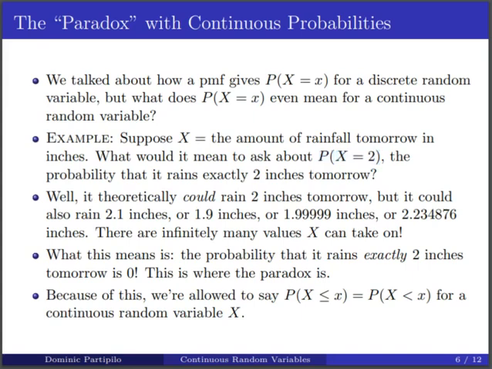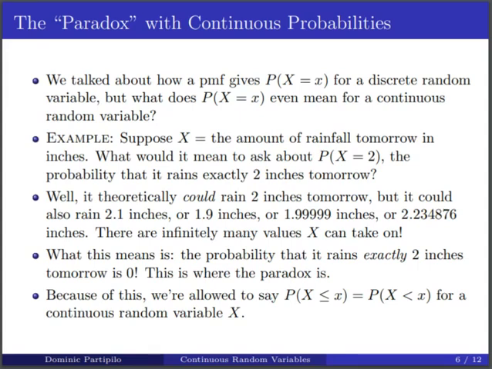Well, in theory, it could rain 2 inches tomorrow, but it could also rain 2.1 inches or 1.9 inches or 1.999 inches or 2.234876 inches. What I'm saying is that there are infinitely many values that x could take on. It's an interval of values.